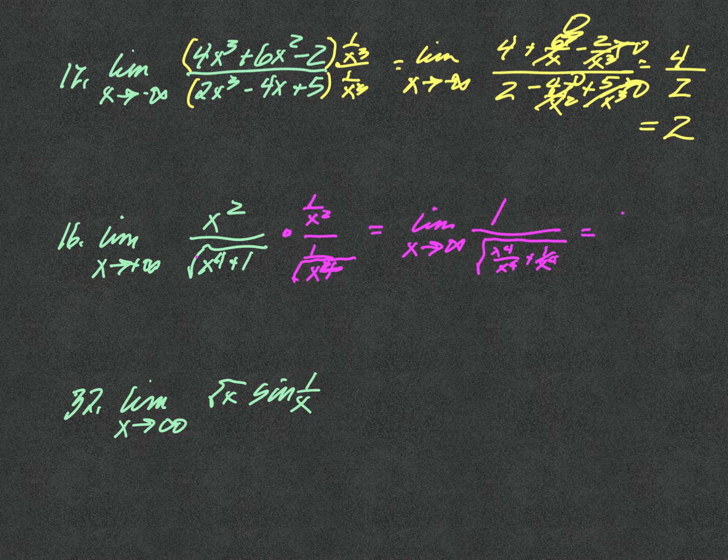So this will be rewritten as the limit as x approaches infinity of 1 over the square root of 1 plus 1 over x to the fourth. And now, as x goes to infinity, this last term goes to 0. And so we are left with 1 over the square root of 1, which is just equal to 1.